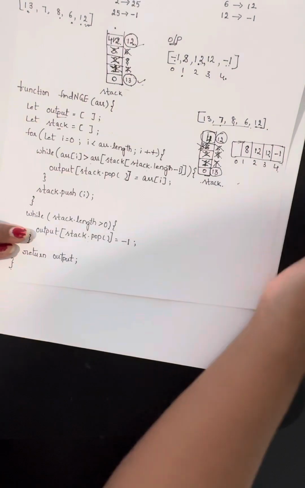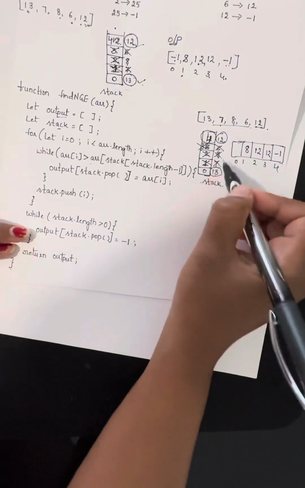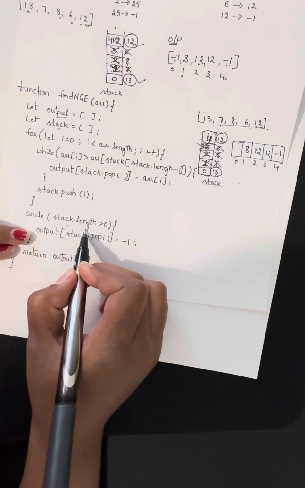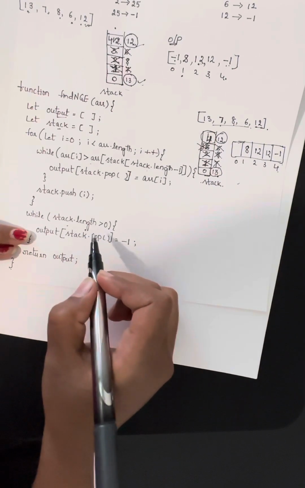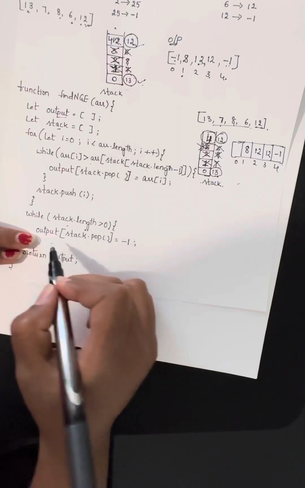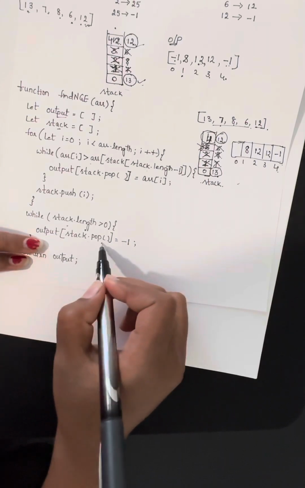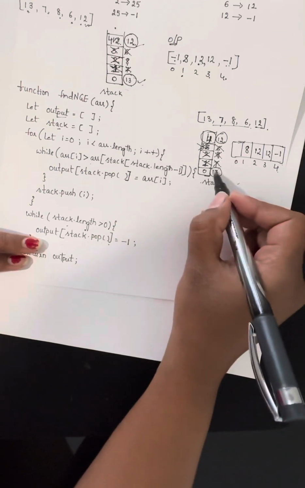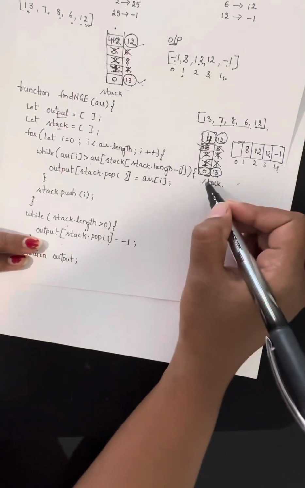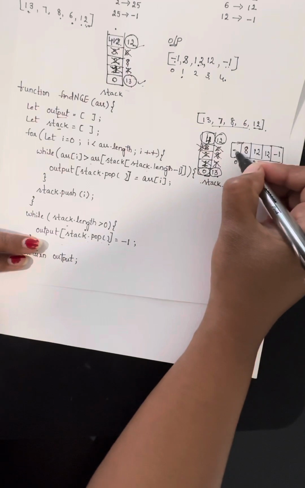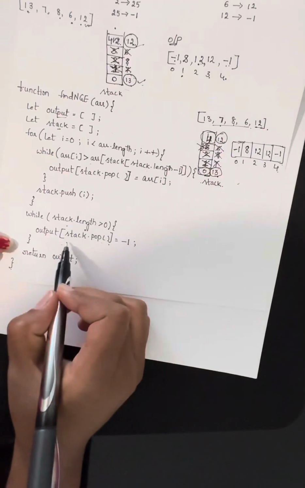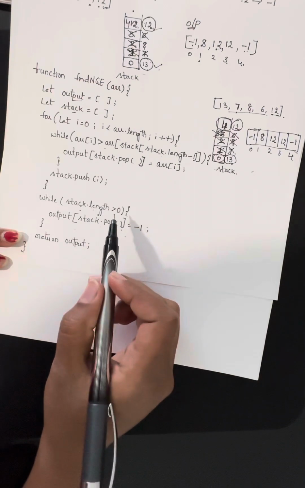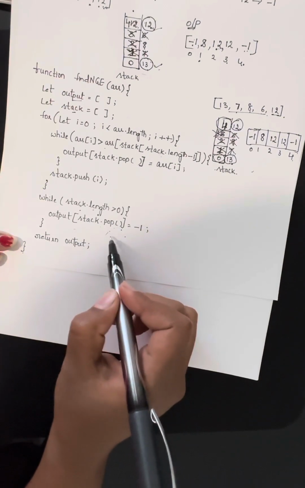Here goes -1, and then the stack.length is 1 now. It is still greater than 0. Hence we do output of stack.pop. So we have 0, output of 0 is -1. Now the stack length becomes 0 and this while loop ends.